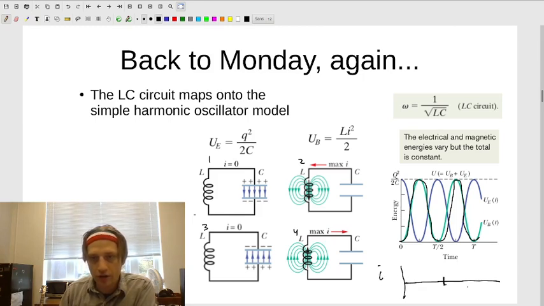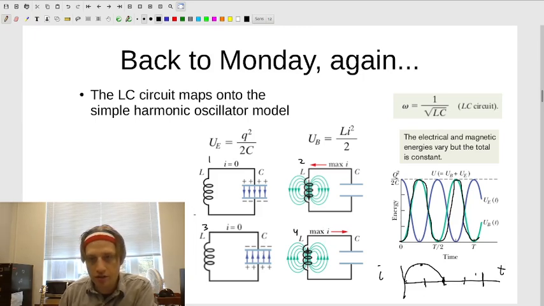So you have a current versus time that looks something like this, where you have your current going one way, comes up to a maximum, starts decreasing, comes down to 0. When the current is 0, that's when your capacitor is completely charged again.